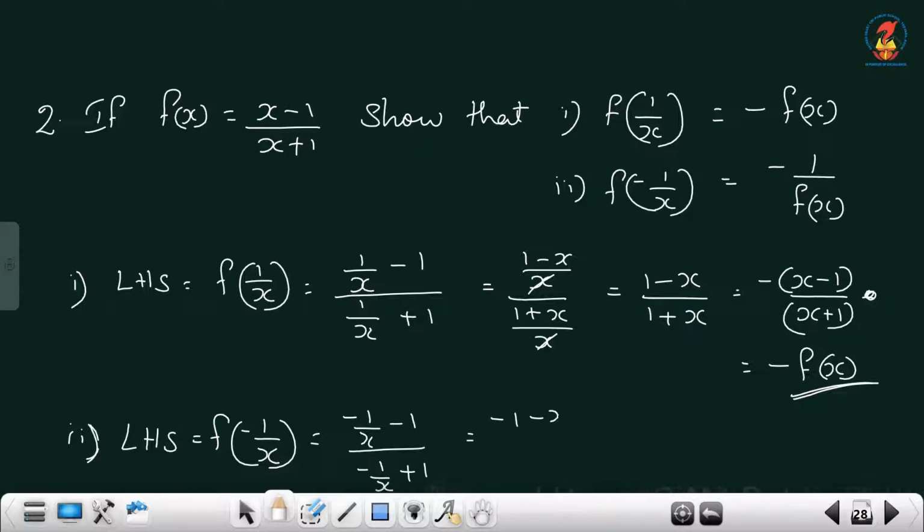So (minus 1 minus x) by x, (minus 1 plus x) by x. x and x cancel. Minus we can take out. So that becomes x plus 1, here x minus 1. (x plus 1) by (x minus 1) is the reciprocal.